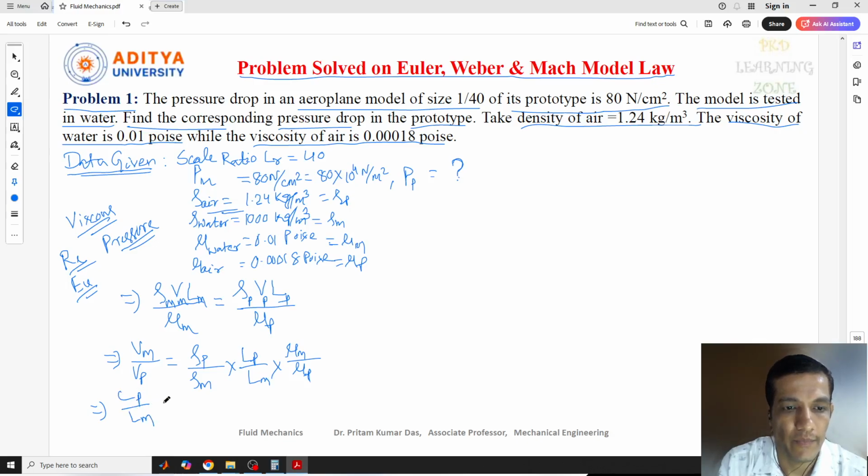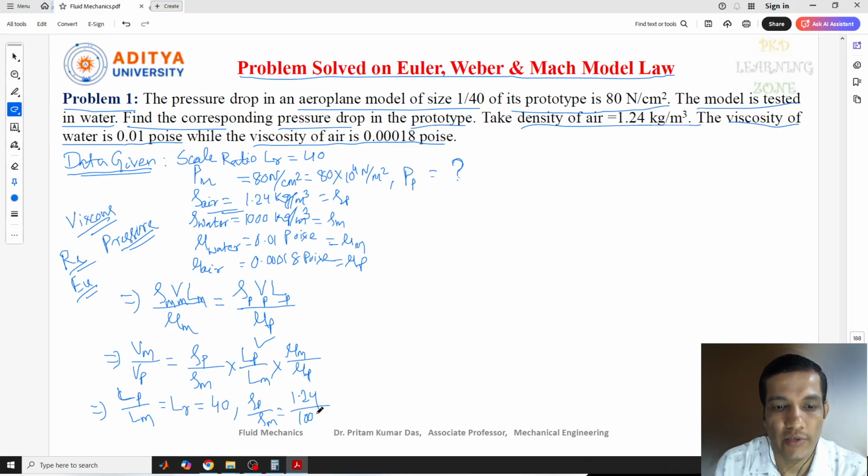Lp by Lm is nothing but LR, the length ratio, which is given as 40. So this value we got. Now similarly, rho p by rho m is 1.24 divided by 1000. And mu m by mu p is 0.01, for water, divided by 0.00018.